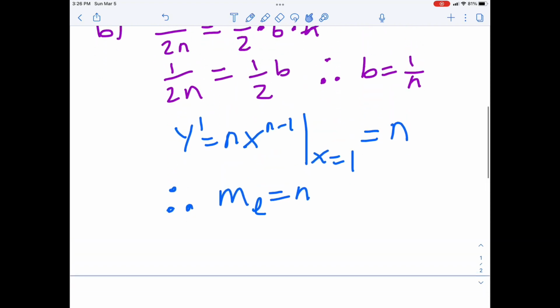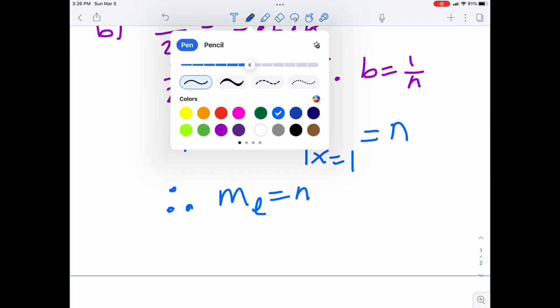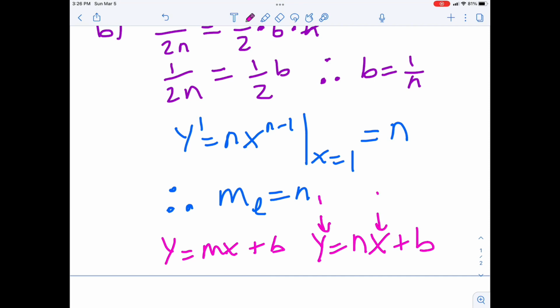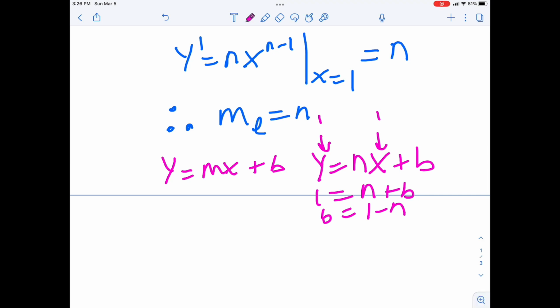So let's use this in our equation. We're going to use y equals mx plus b. So we know that y equals nx plus b. And if we plug in the point (1, 1), we get that 1 equals n plus b. So b equals 1 minus n. So then we can say y equals nx plus 1 minus n.